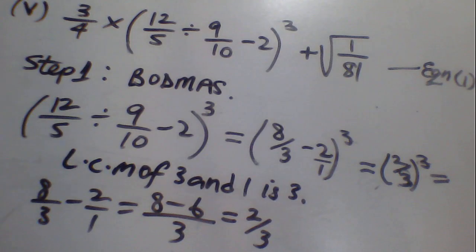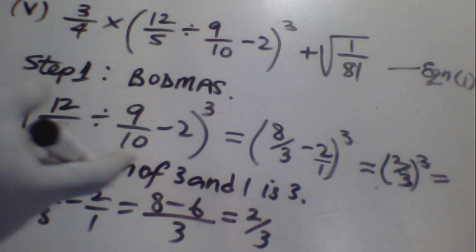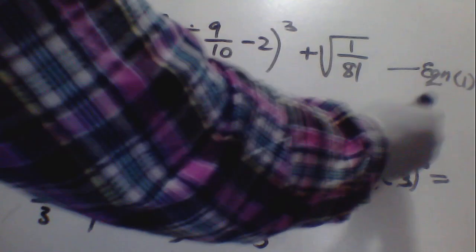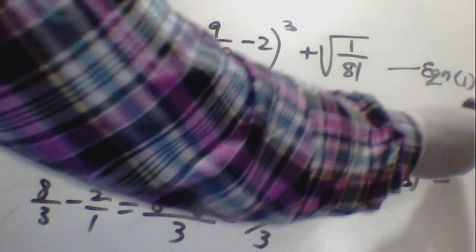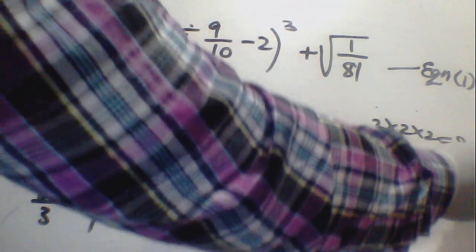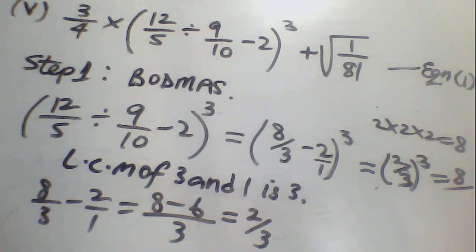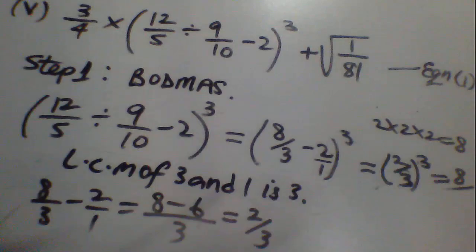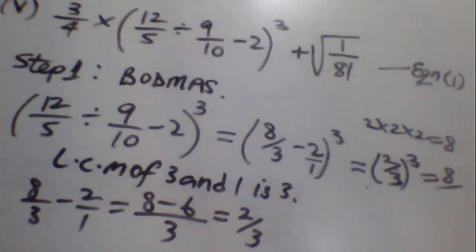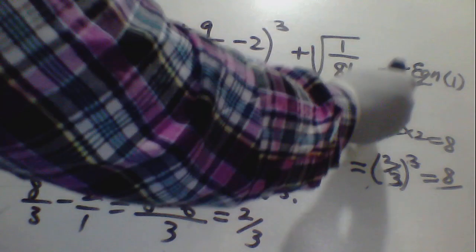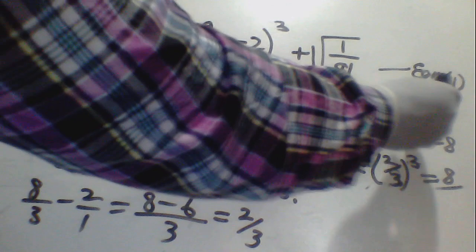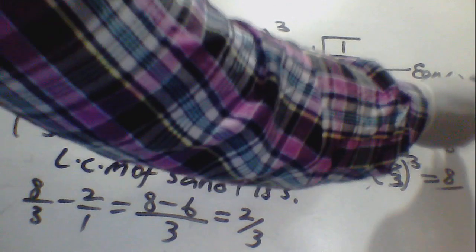So 2 times 2 times 2, into 3 places, will give us what? 2 times 2 times 2 into 3 places is equal to 8. So this is 8 divided by 3 into 3 places. 3 times 3 times 3 is equal to 27.